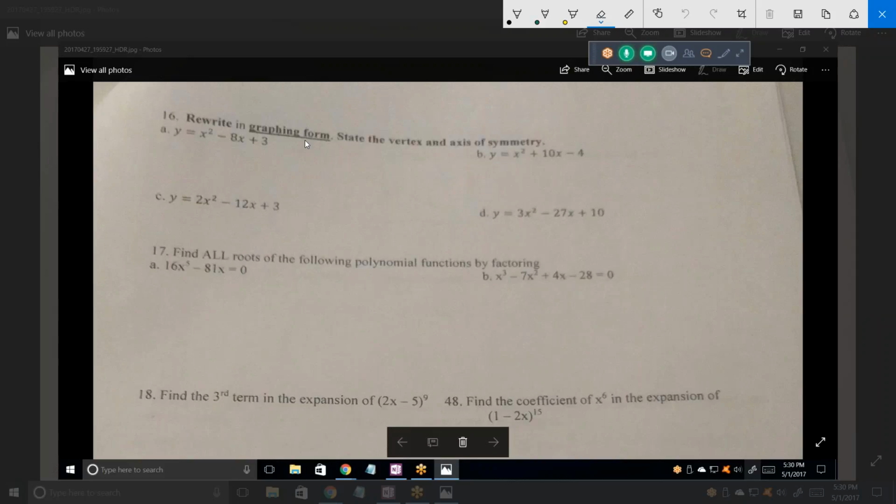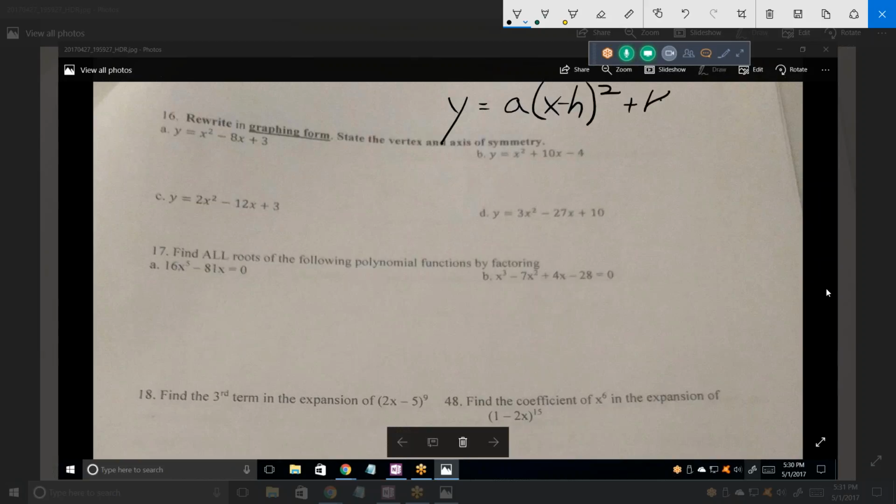Rewrite in graphing form, state the vertex and axis of symmetry. How am I going to write that? Well, first of all, what's the general format for graphing form for a quadratic? y equals a times (x minus h) squared, plus k.